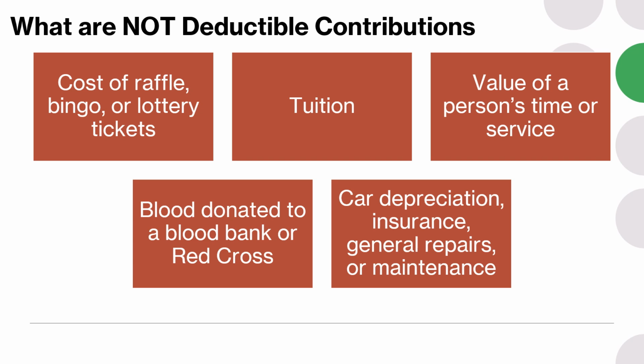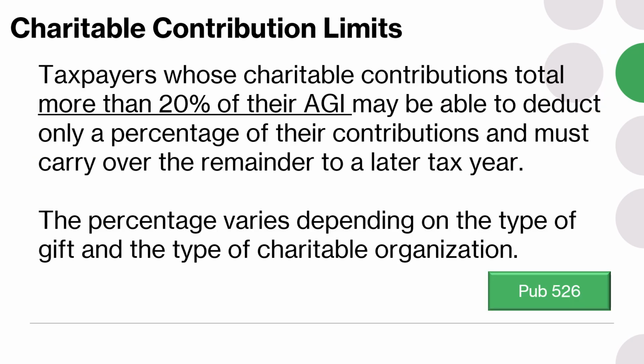So also blood donated to a blood bank or the Red Cross. And then while you can take mileage, you cannot take car depreciation, insurance, general repairs, or maintenance as a deduction on Schedule A.